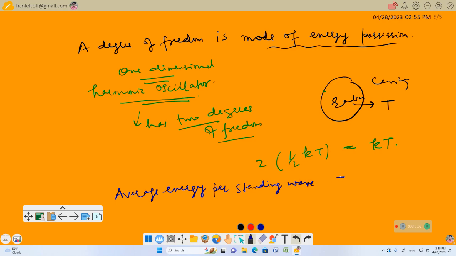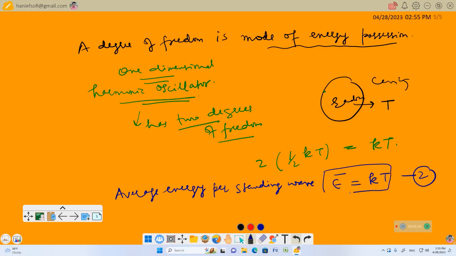is, let me denote it by epsilon bar, epsilon bar is kT. Let me name it equation second.